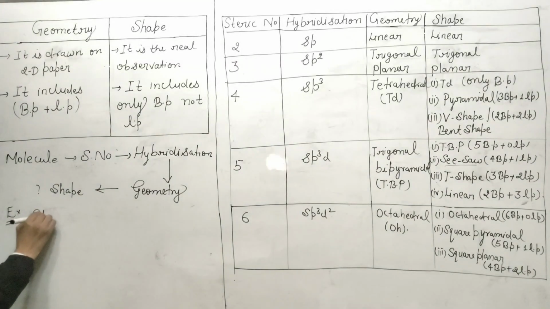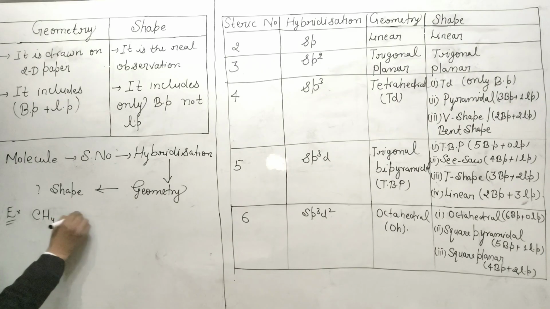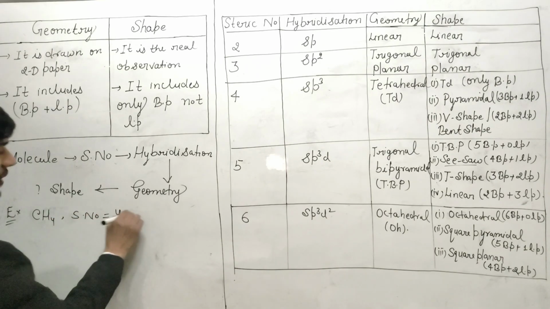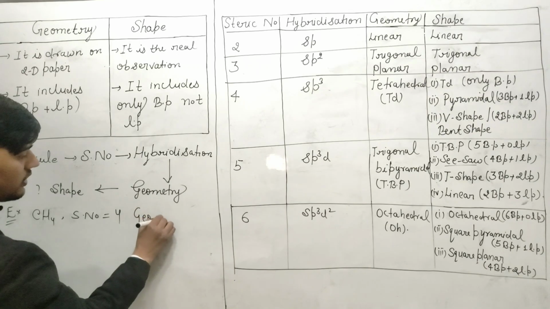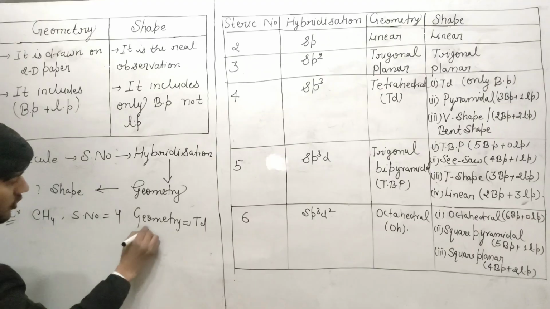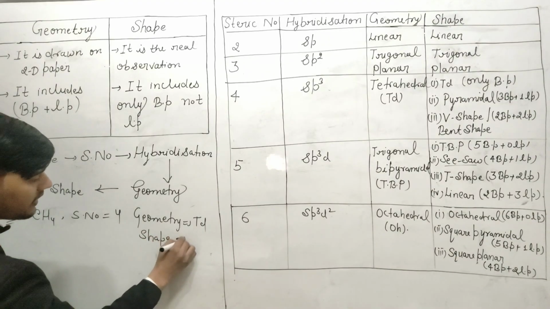For example, if we consider the CH4 molecule, its steric number is 4. So the geometry of this molecule will be tetrahedral, and the shape of CH4 is also tetrahedral.